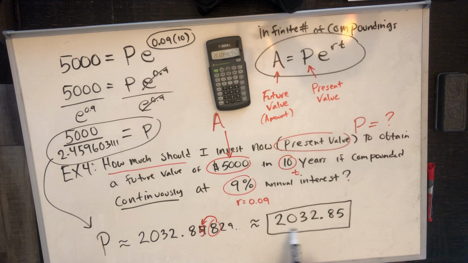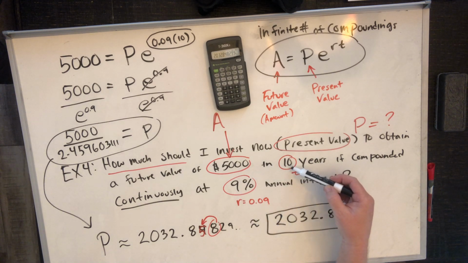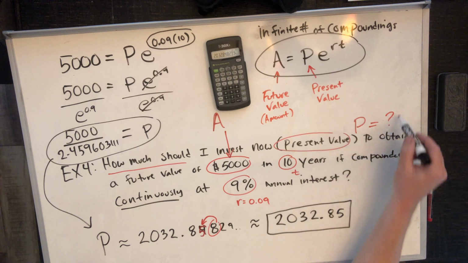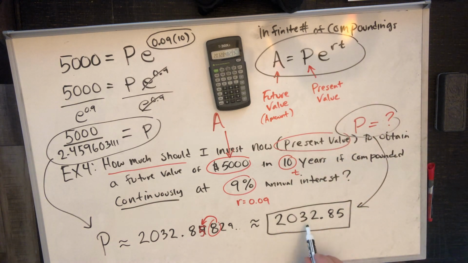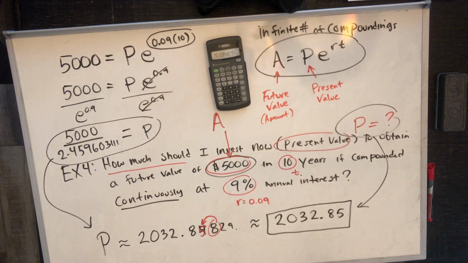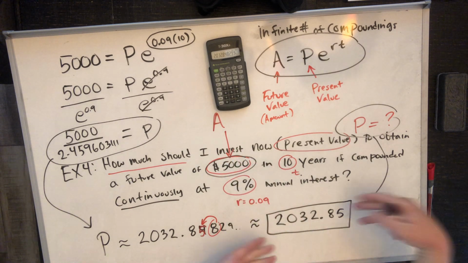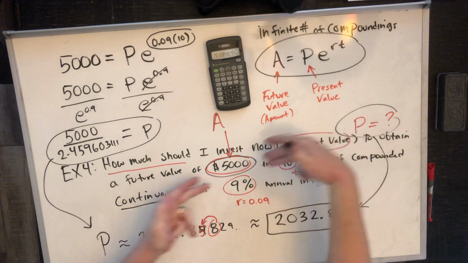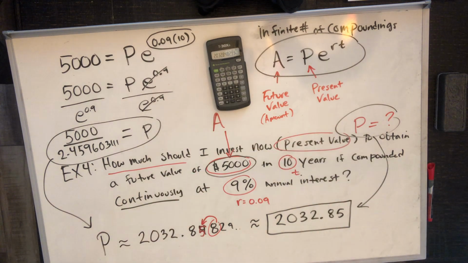If you invest $2,032.85 at 9% interest for 10 years, the present value is $2,032.85. The future value is $5,000. So this $2,032 now is worth $5,000 in the future.